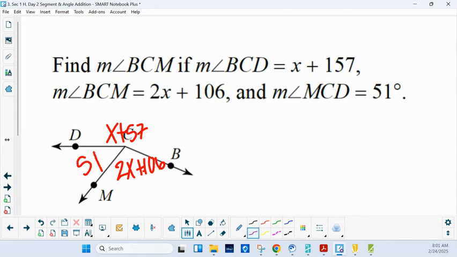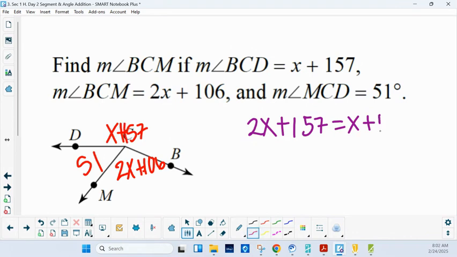So all we have to do is add the 2 pieces. Let's combine the like terms as we write it. We've got just the 2x. How about 51 and 106? 157? Yeah, equals the x plus, did I? Yep. Oh, that is the 157.